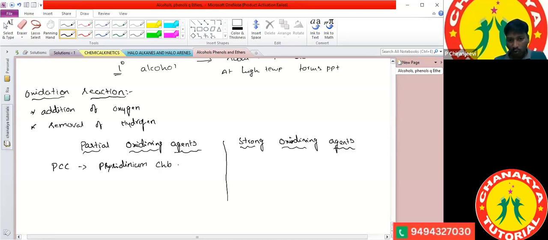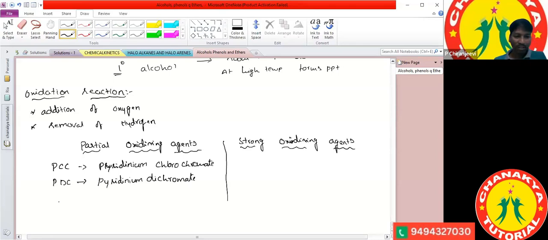And PDC is pyridinium dichromate. One is pyridinium chlorochromate, another one is pyridinium dichromate.